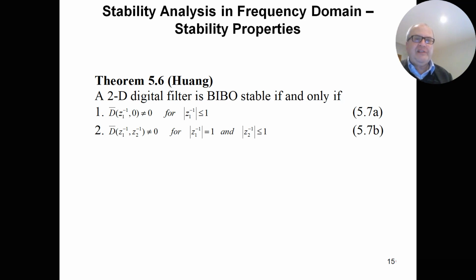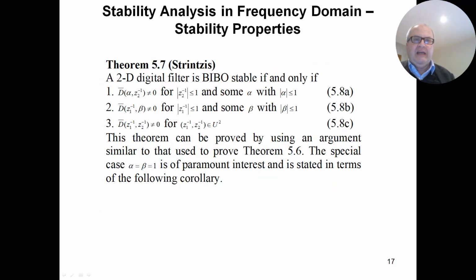The dual form of this theorem is d(0, z2) different than 0 for |z2| smaller or equal to 1, and this is different than 0 for |z1| smaller or equal to 1 and |z2| equal to 1 in absolute value. The proof of this theorem is here.